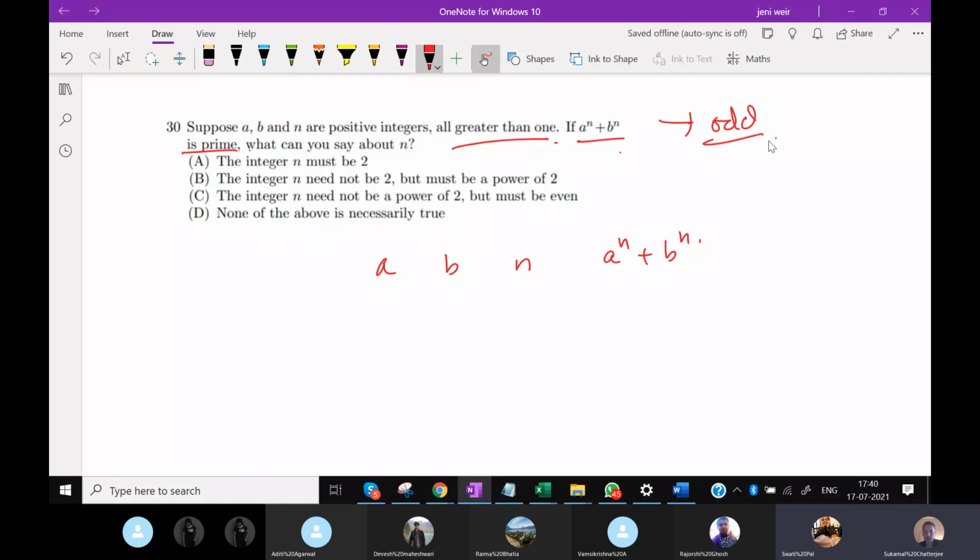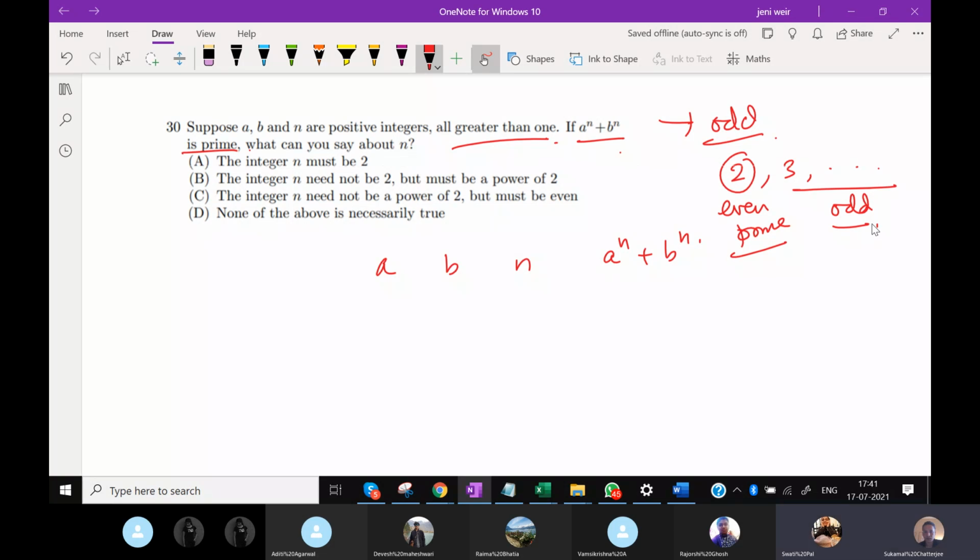Please explain this part again. Okay. a to the power n plus b to the power n is prime. Now, what are the prime numbers? The prime numbers are 2, 3, etc. Apart from 2, which is the only even prime, all other prime numbers are odd. Correct?